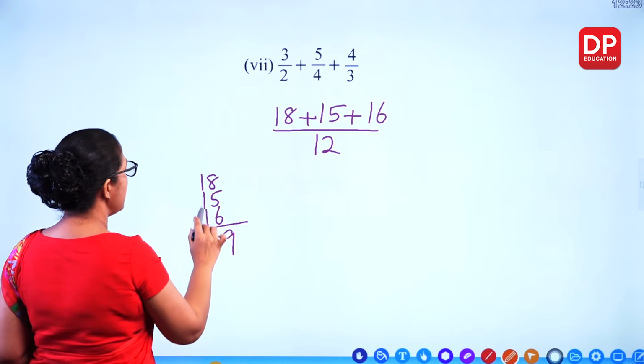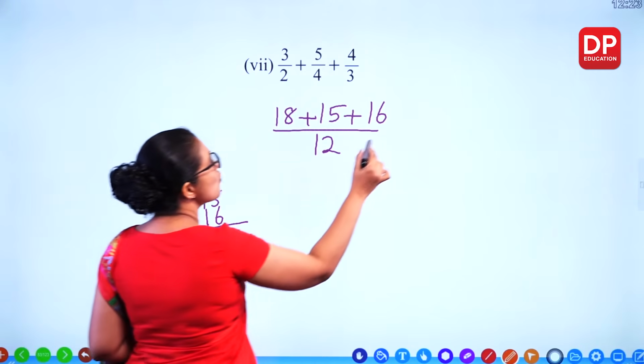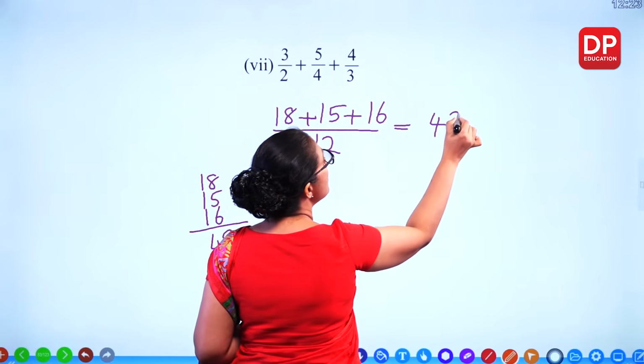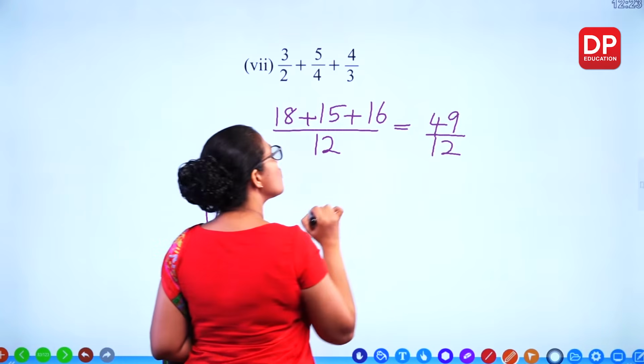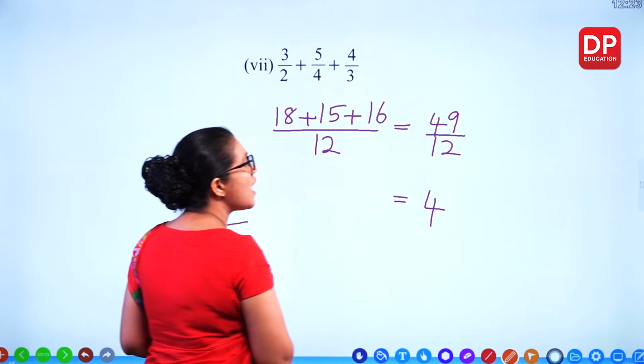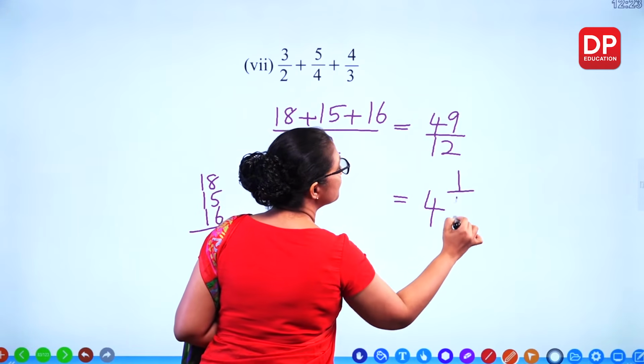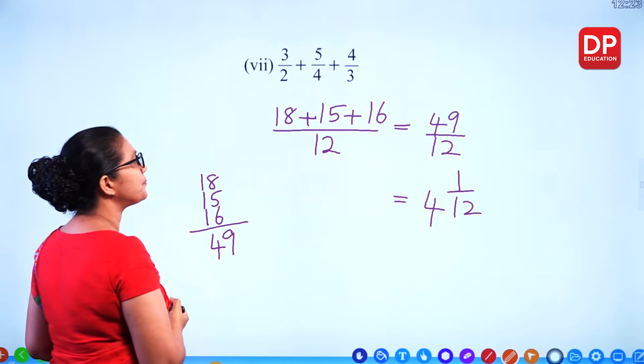And 1 remaining, you get 1, 2, 3, 4, 49. So 49 over 12. So how many 12s are there? That's 4. 4 times 12, 48. And 1 remaining. 1 over 12.